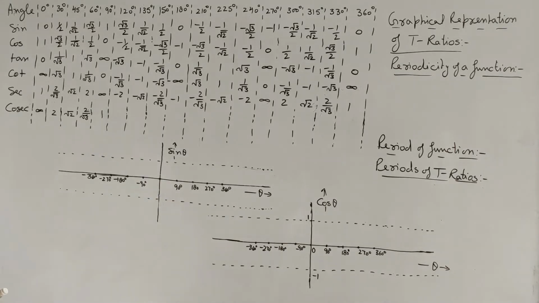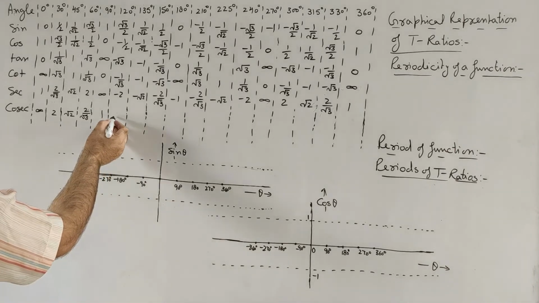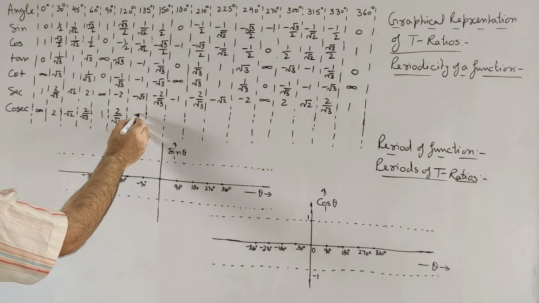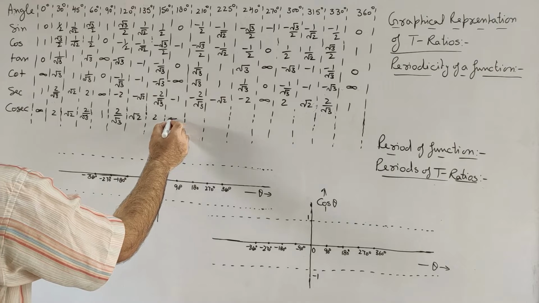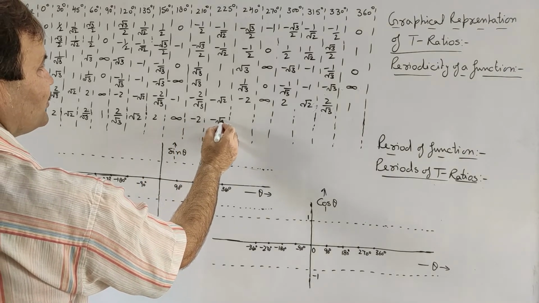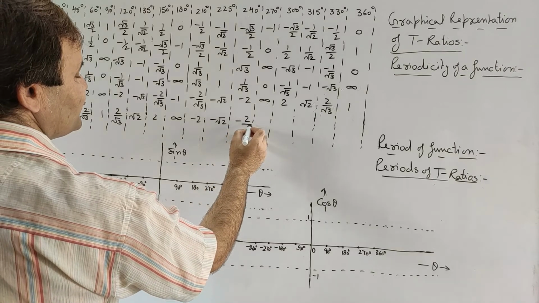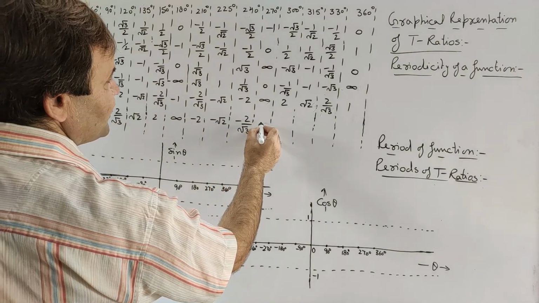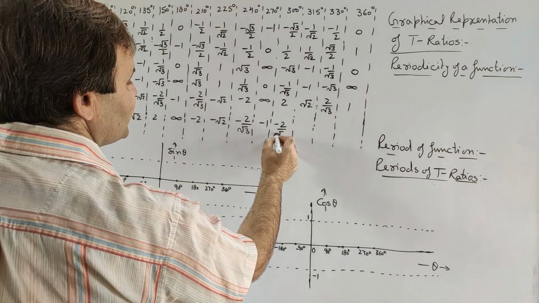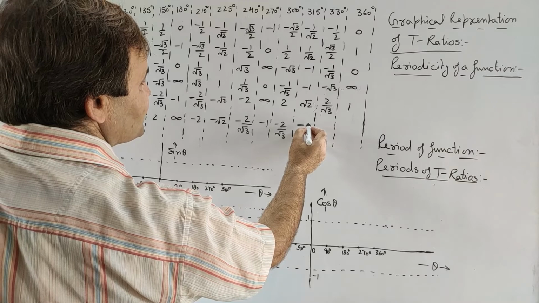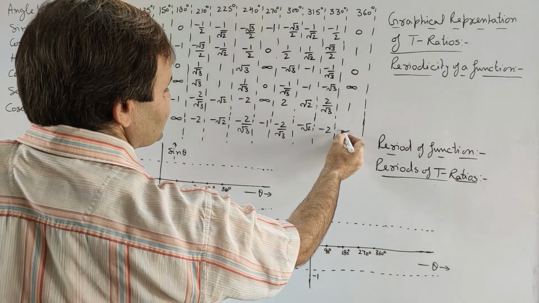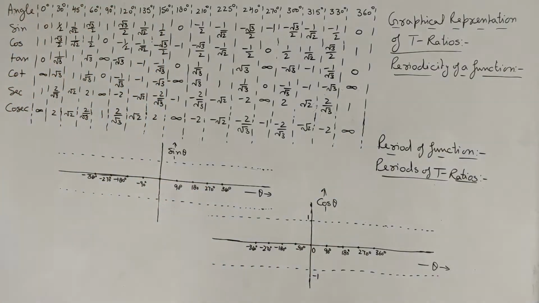Then cosec, it will be reciprocal of sine, so 2 by root 3, root 2, 2, undefined, minus 2, minus root 2, minus 2 by root 3, minus 1, minus 2 by root 3, minus root 2, minus 2, and 1 by 0 means undefined.